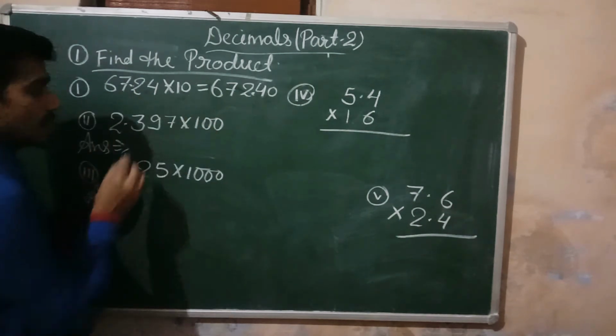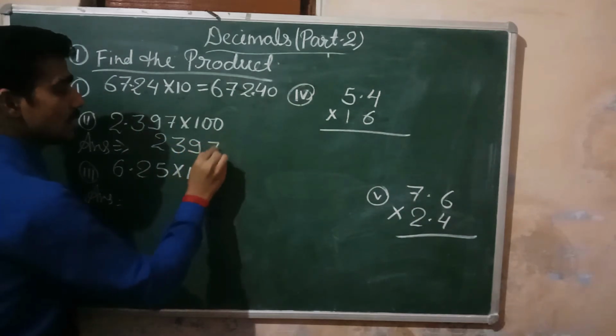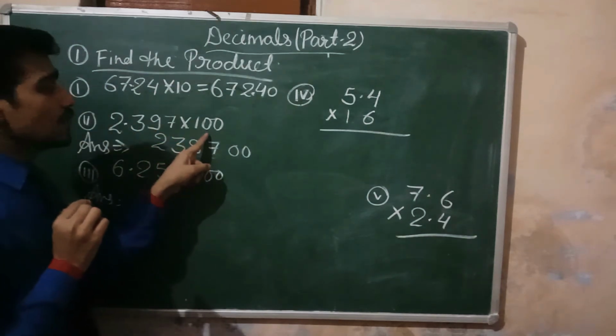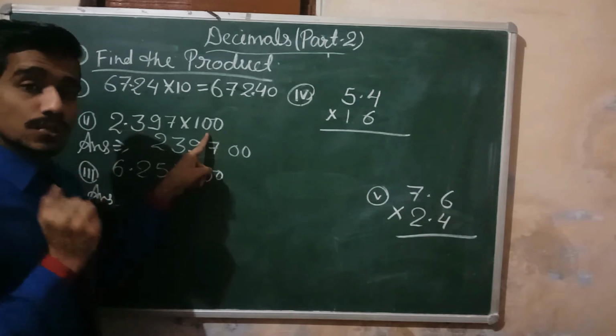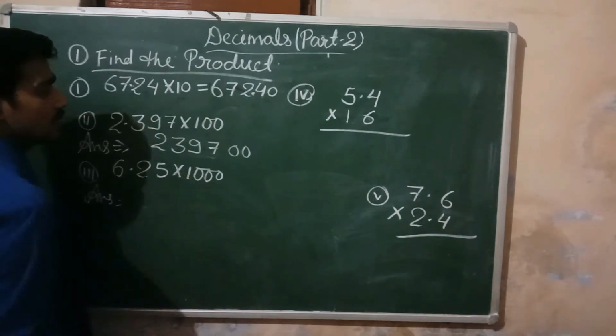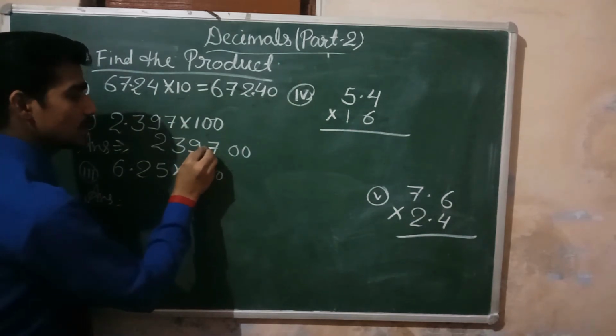And look at question number two. 2.397 into 100. 239.7. Clear? In case of 100, the decimal is shifted to the right side 2 places, 1 place and 2 places, meaning after 9. Clear, student?